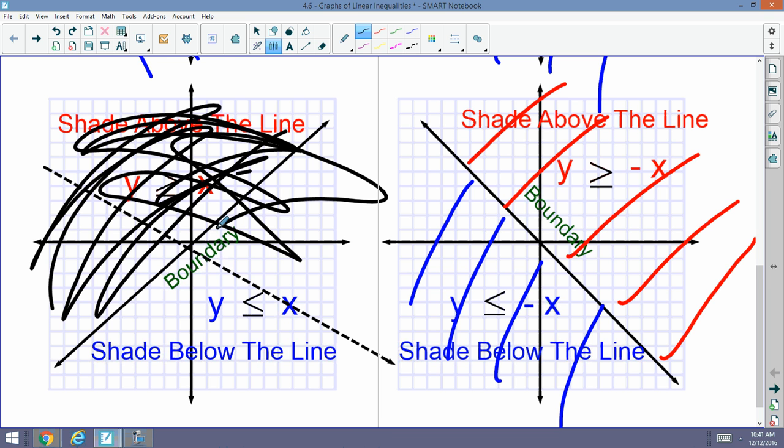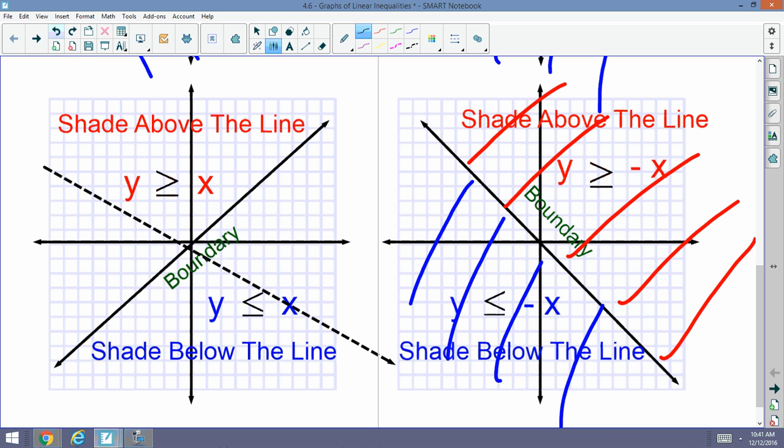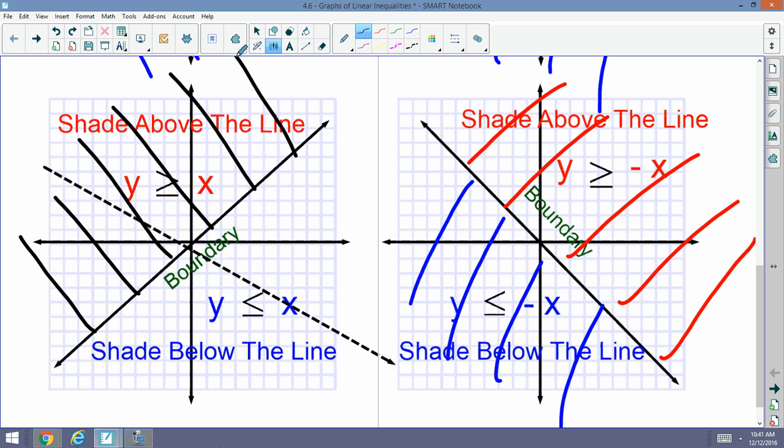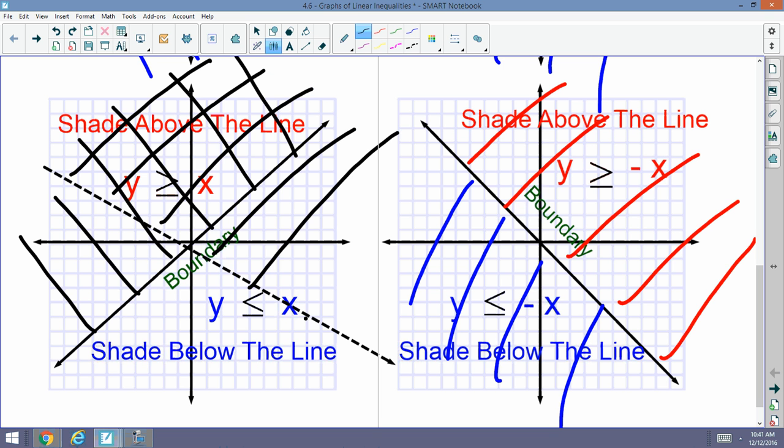No. However, if you shaded first time like this with straight lines, and then you shade this one, do you see clearly where the intersection is? Right here, right? Where you have the checkerboard. Thank you. That's why I do it this way.